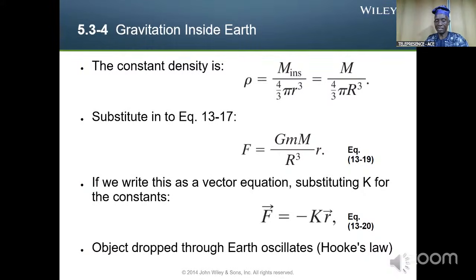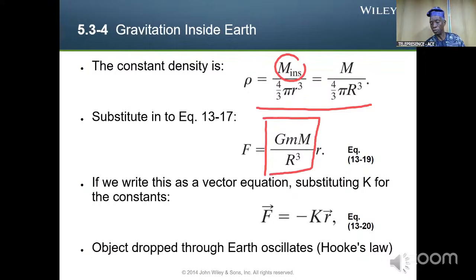You can now substitute back to replace M inside by this value. At the end of the day, what you get is all these constants, because G, big M, and R cubed are constant. So what do you see? F equals minus K R.